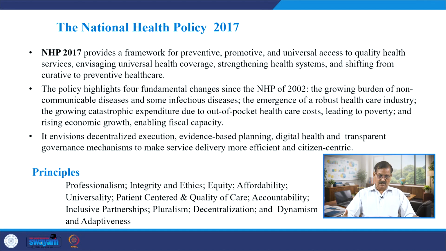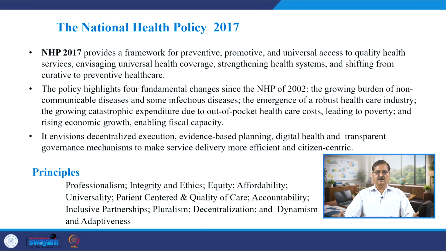So the delivery of healthcare services should be patient centric, and emphasis must be on the quality of healthcare services, accountability of government as well as private sectors, and there should be partnership among different stakeholders. Pluralism means that there may be different options available to the patients.